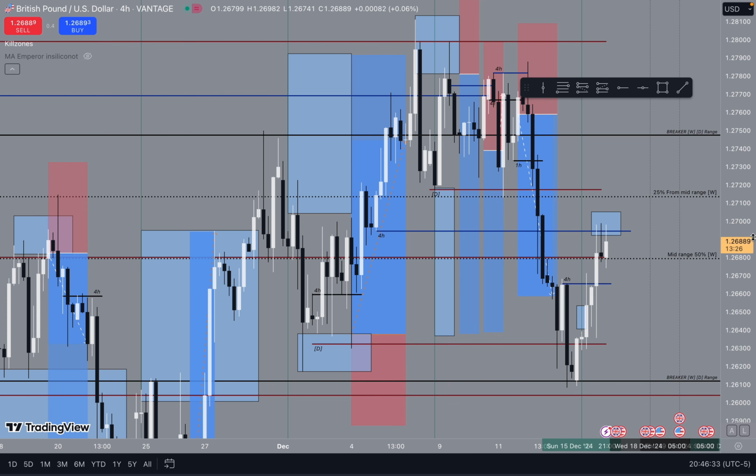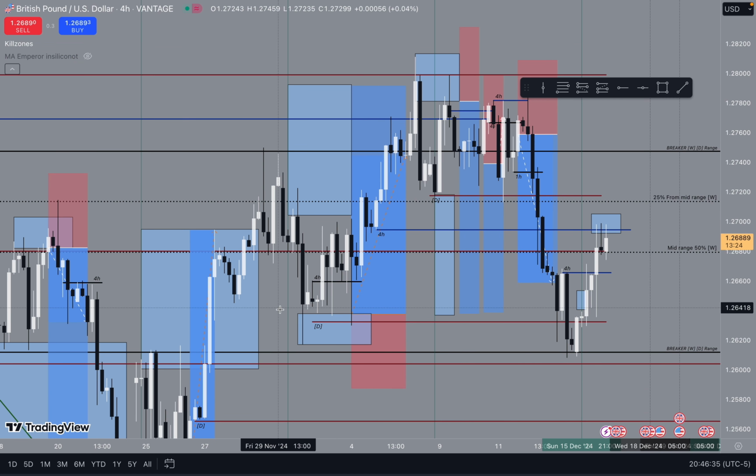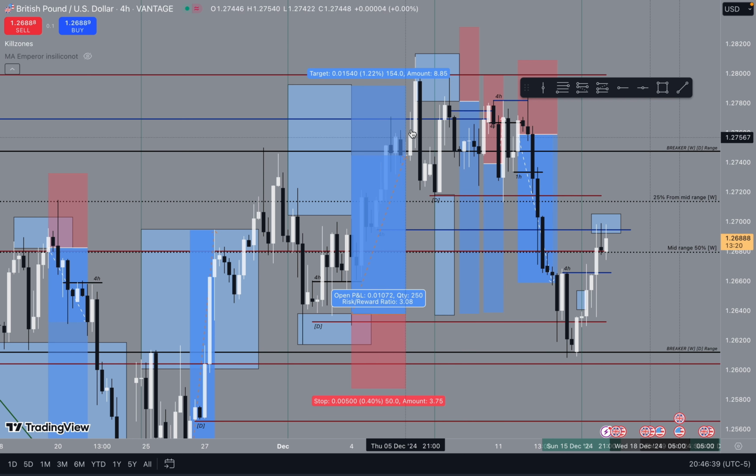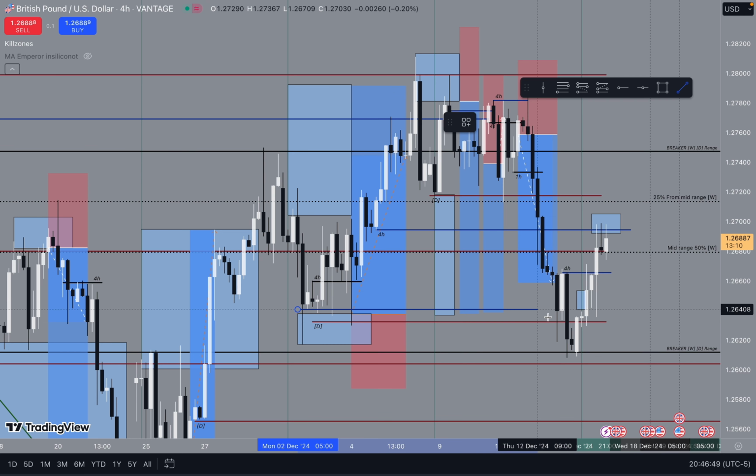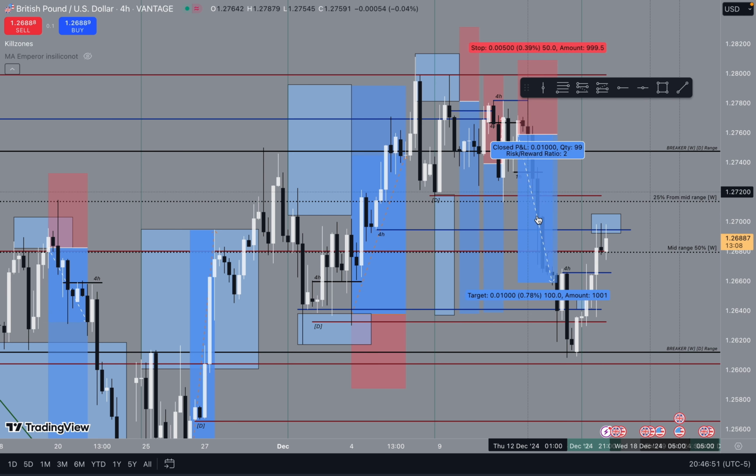But still, I'm strong bearish because from the previous week it keeps on going high. So yes, it is a strong bearish. So the main target is this one, and the price goes down and hits this swing low.